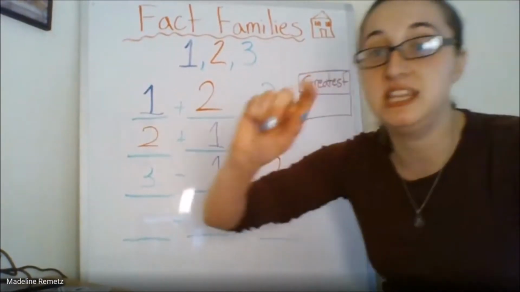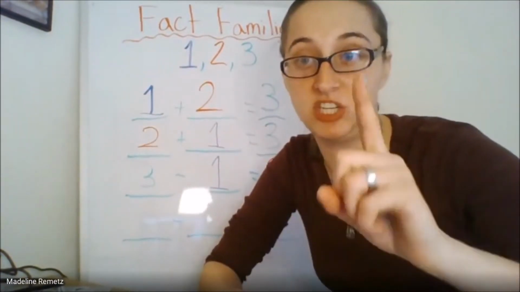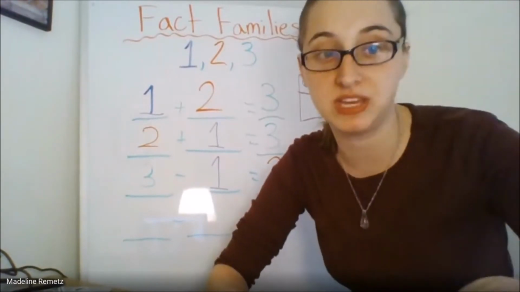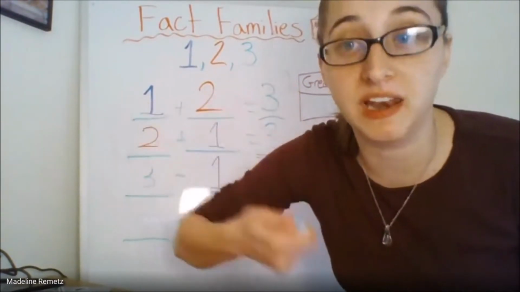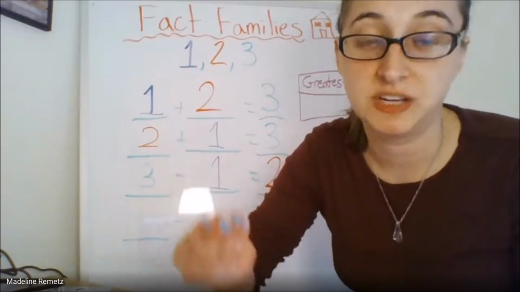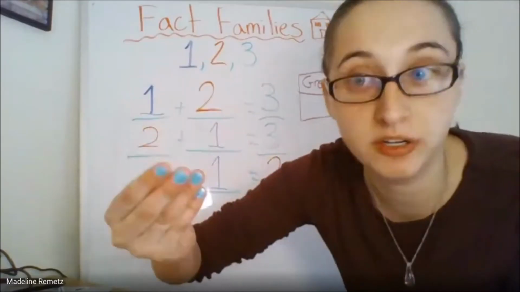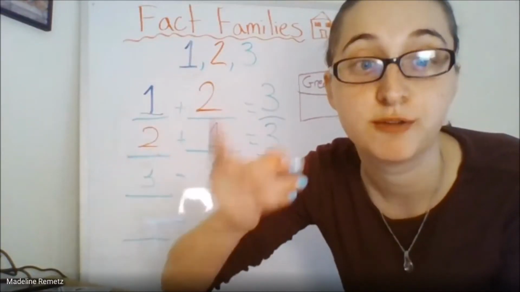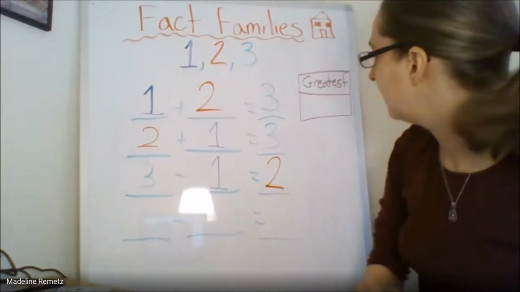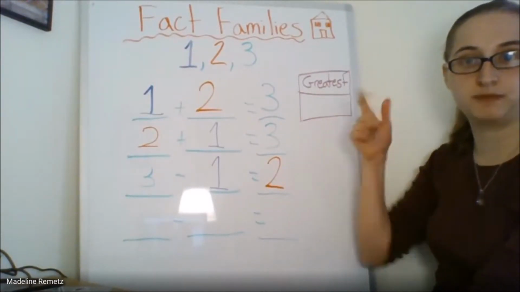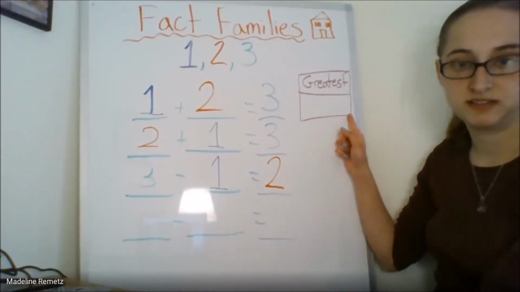Howdy just unlocked, and all of you who are raising your hands that were going to say the same thing as him, you just unlocked the magic word, I'll say, the magic answer for a fact family. Can anyone see this? Thumbs up if you can see this. Some of you can see it.